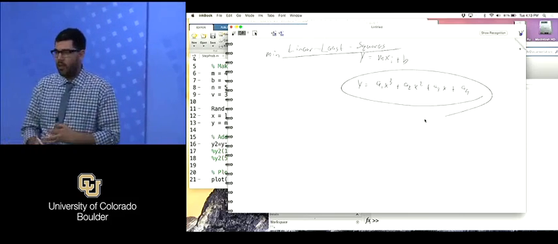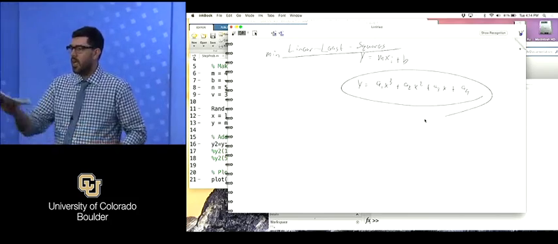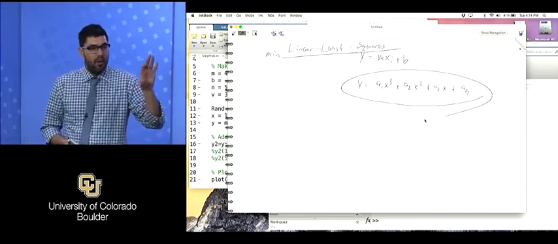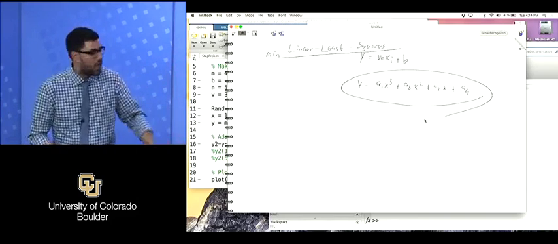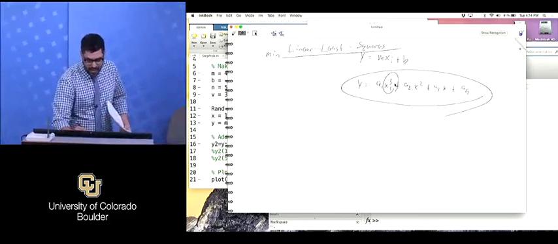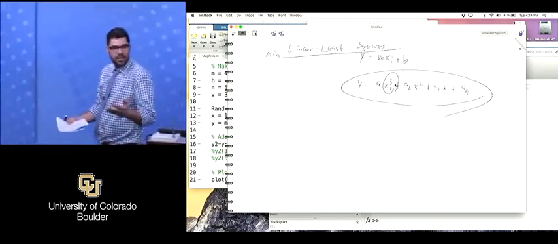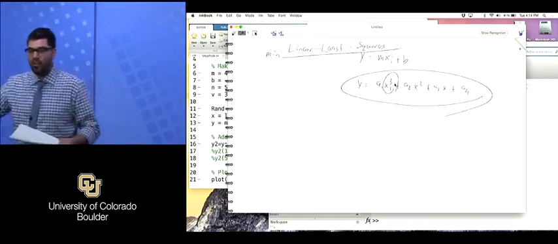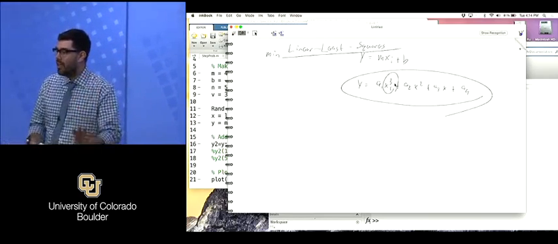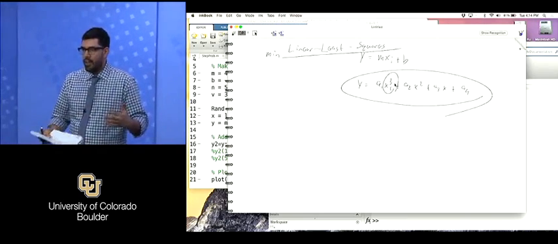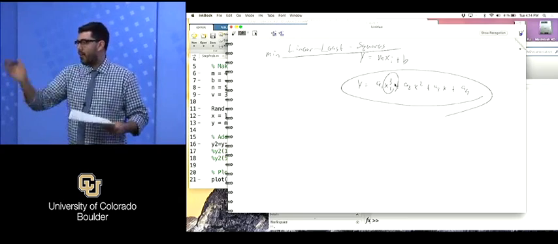Why are they both linear least squares? The coefficients are a linear function of the variables. Would you agree xi cubed is a constant? That's not our variable; a1 is our variable, and a2 is our variable. As long as I can write it as Ax equals b, or Ax minus b, then I'm linear.